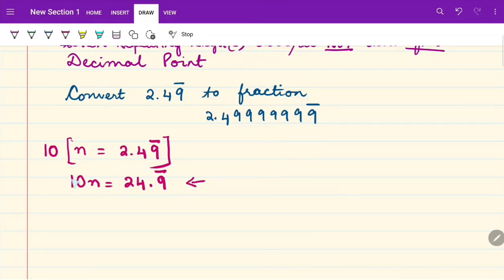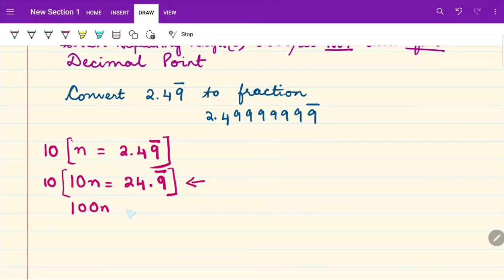In order to do that, we are going to multiply this entire equation again by 10, because there's only one digit repeating, correct? Remember that when there's only one digit repeating, then we multiply by 10. So 10 times 10n is going to be 100n.